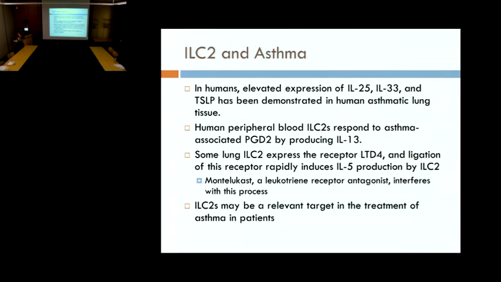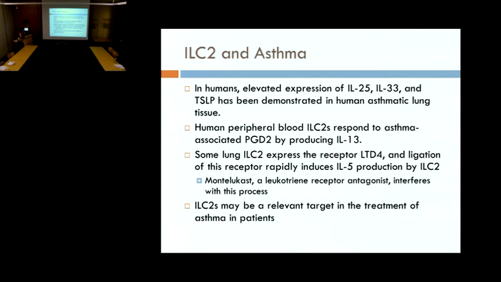So ILC2 and asthma. In humans, elevated levels of IL-25 and IL-33 have been shown in human asthmatic lung tissue. You can also see peripheral blood ILC2s that respond to asthma-associated prostaglandin levels by producing IL-13, causing downstream inflammatory effects.